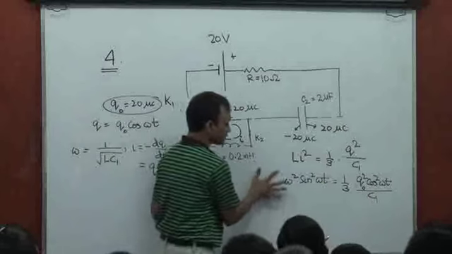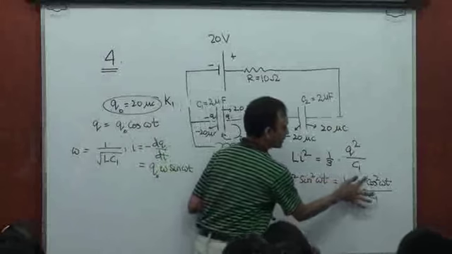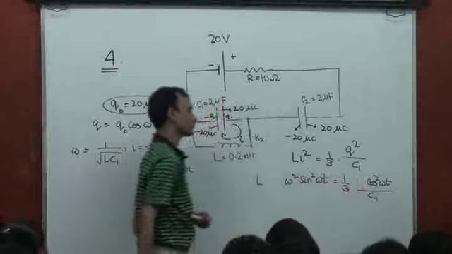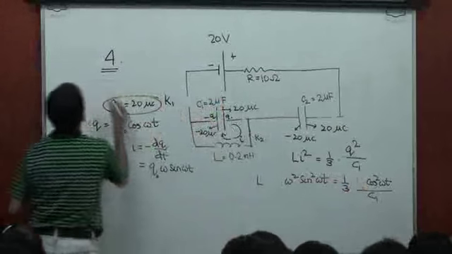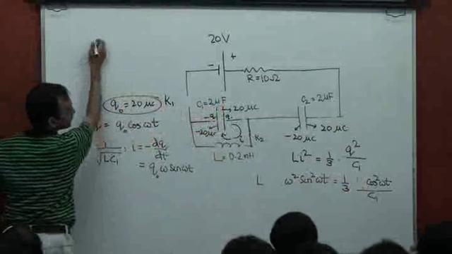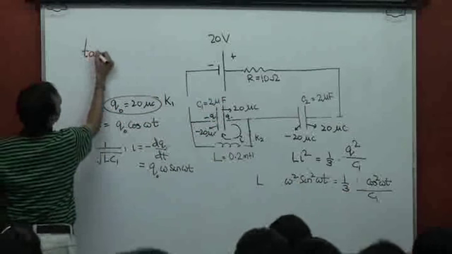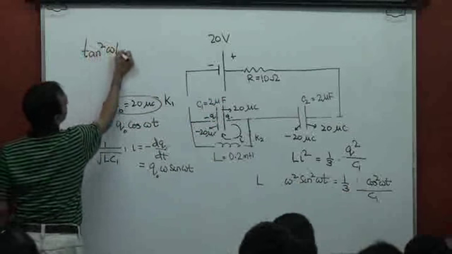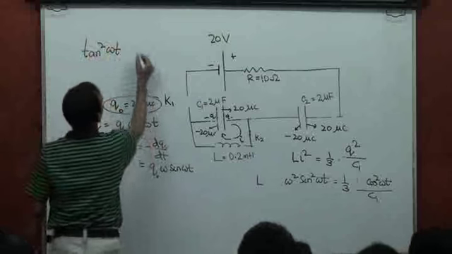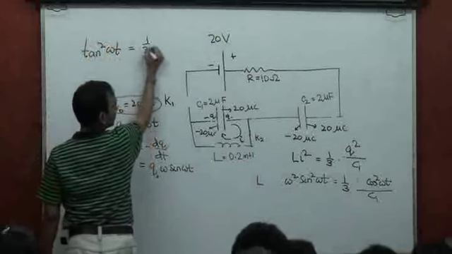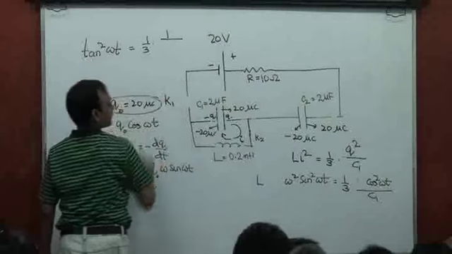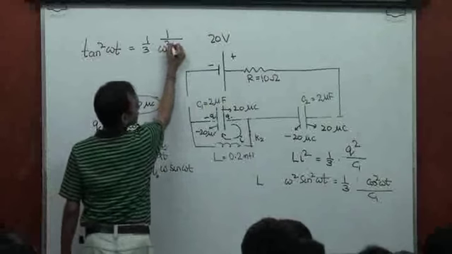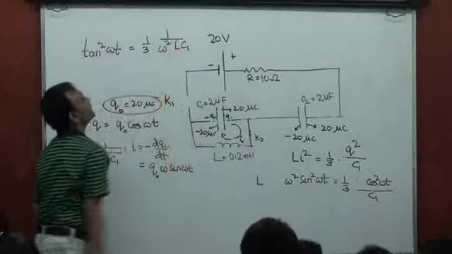So we have cancellation of this Q naught squared from here and this Q naught squared from there, and we have a tan squared omega t is 1/3 times 1 by omega squared LC1.